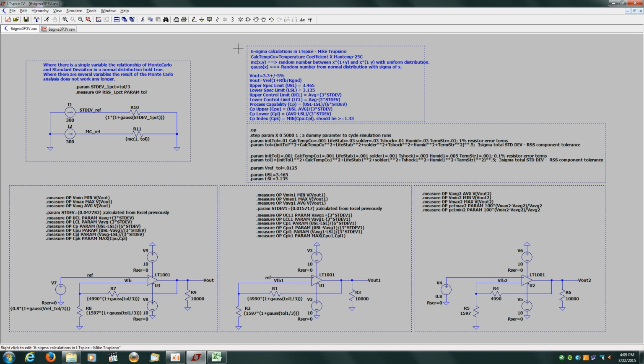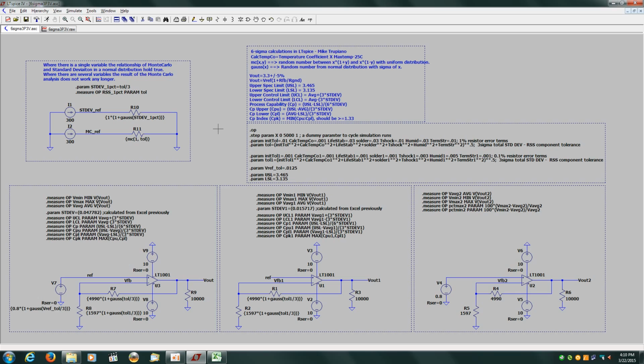I want to try to explain how you might use LTSpice to do a Six Sigma analysis of a design. LTSpice is a free circuit simulation program from Linear Technology, and I'm going to use that and Excel spreadsheets to come up with a final answer.